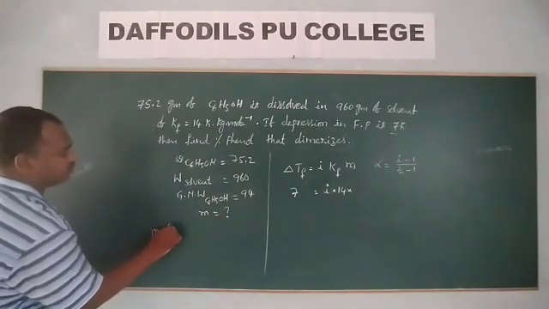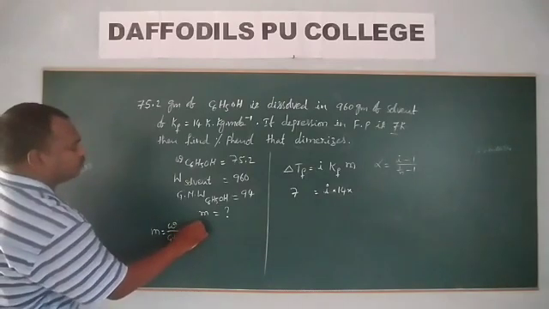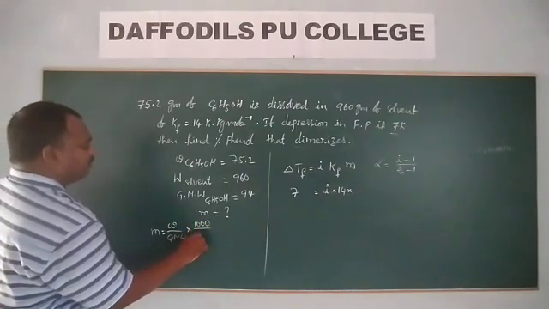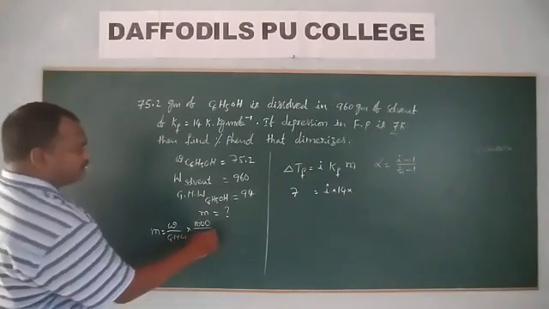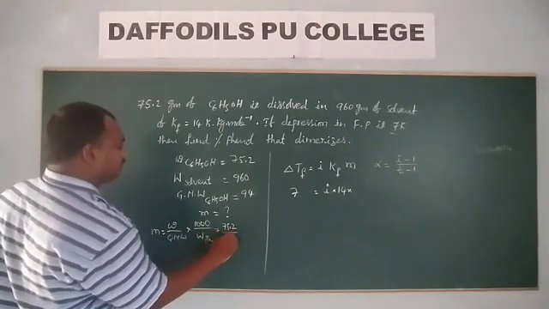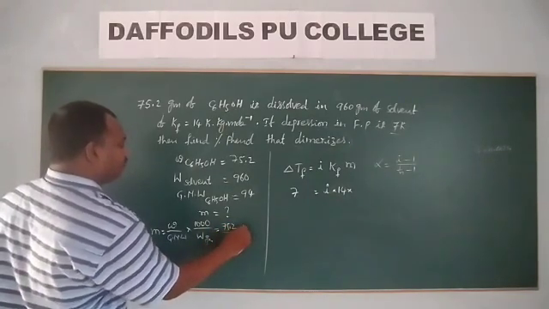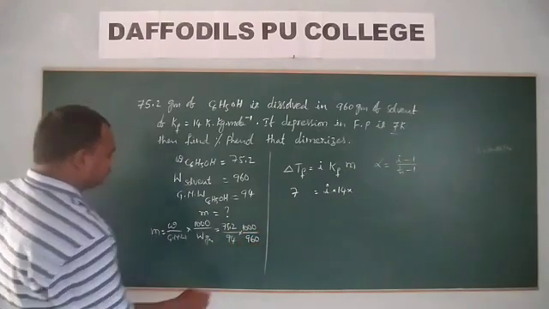Molarity is equal to weight by gram molecular weight into 1000 by weight of the solvent in grams. So what is the weight? 75.2. What is the gram molecular weight? 94, into 1000 by 960.